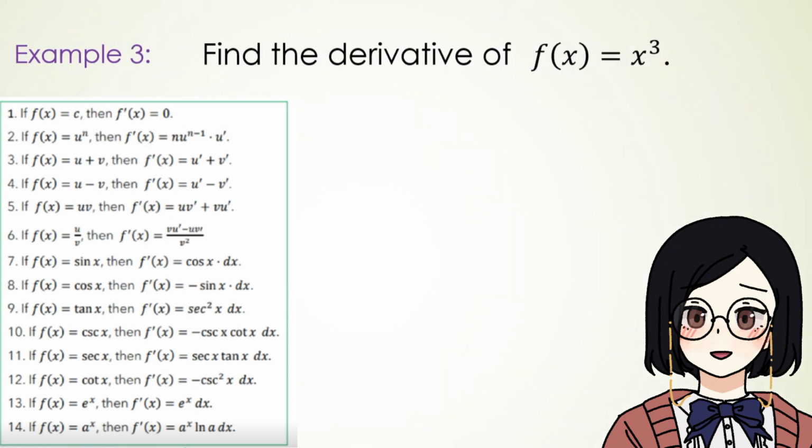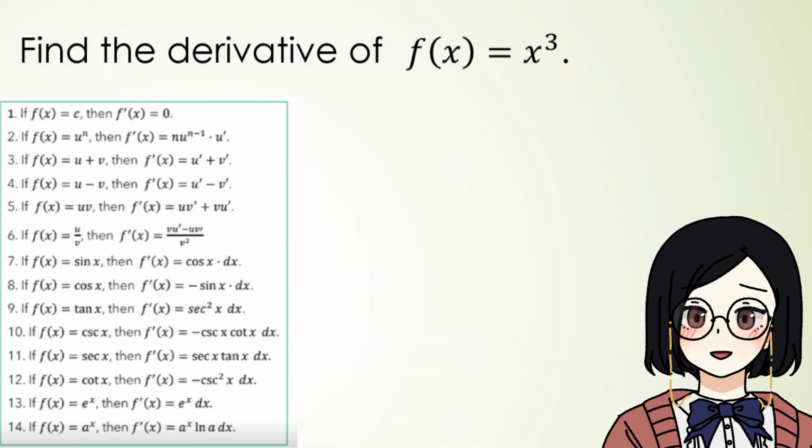Now let's work on example number 3. Doing the same thing, we have to determine the exponent and the numerical coefficient. In f of x equals x cubed, the numerical coefficient is 1, while the exponent of x is 3.